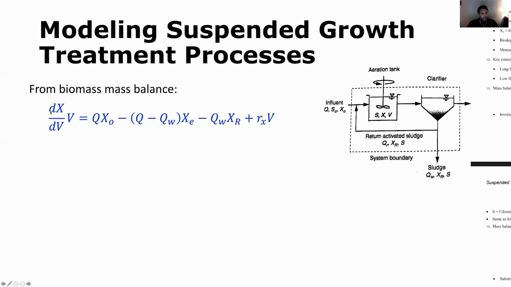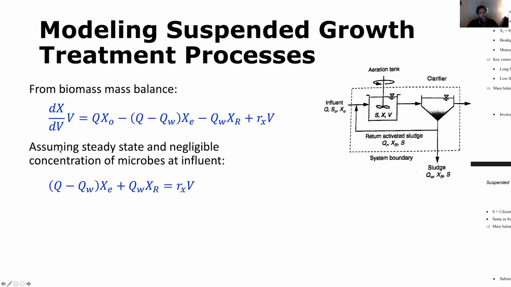Going back to one of the earlier mass balances, our equation is dX/dV times V equals Q X0 minus QW XE minus QW XR plus RX V. If we assume steady state, and that the concentration of microbes in the influent, the primary treated wastewater, is negligible compared to what's growing in the aeration tank, we can simplify this equation to the following form: Q minus QW XE plus QW XR is equal to RX times V.